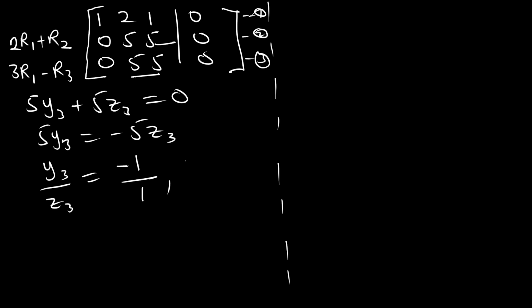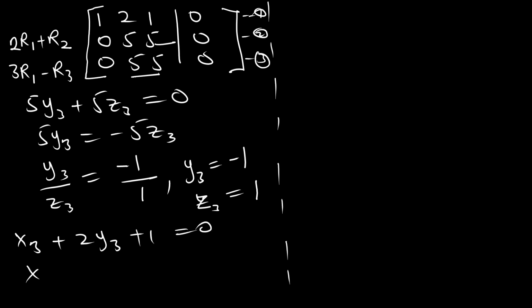This means that my y3 is negative 1, my z3 is positive 1. Now from equation 1, I can put in the value. This is going to be x3 plus 2y3 plus 1 is equal to 0. And this means x3 plus 2 times negative 1 plus 1 is equal to 0. And x3 is also going to give me 1.